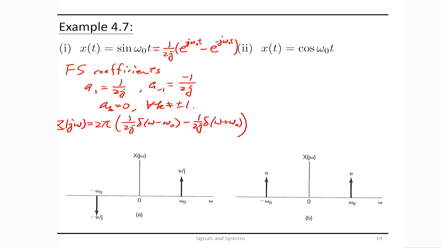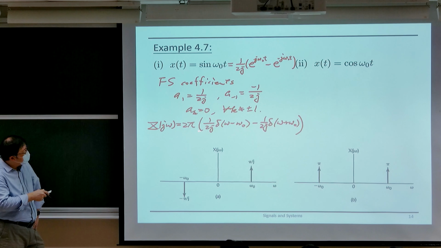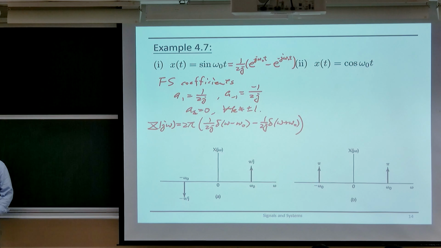All right. So if you plot this out, the 2 cancels out. This will give you pi over j at frequency omega naught, so this corresponds to this impulse here, and this will give you minus pi over j at frequency minus omega naught, which is this.